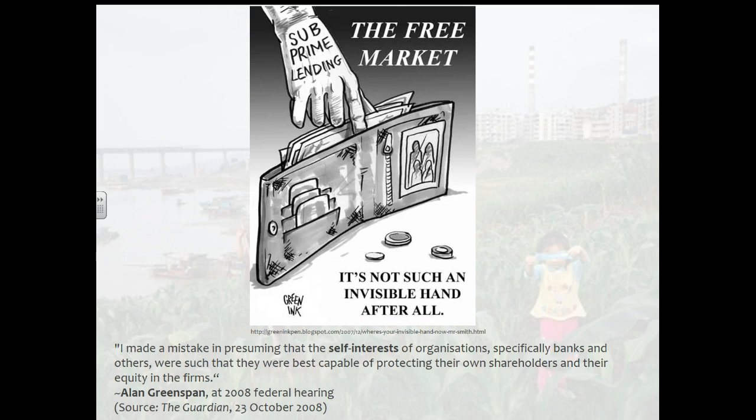So he's basically saying, oops, my bad. Maybe the government should have regulated markets. And this is a guy that was a very strong advocate of just letting banks and the market do their thing. So there are instances where even people that are very strong advocates of free markets recognize that maybe they're not so good. Okay, that's it.